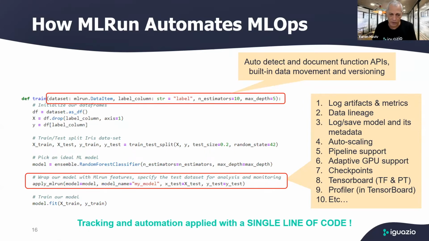This is automatically going to be analyzed, and MLRun will learn this function automatically. And what this single line adds to our system is all those things that you see here: automatically logging the artifacts, the different metrics based on the framework you're using, saving the model along with its metadata as a package, auto-scaling your workload, all those different things that you see here. If a data scientist writes the code without this single line, the only thing he needs to do to gain all those features that could be months of engineering is just add a single line.